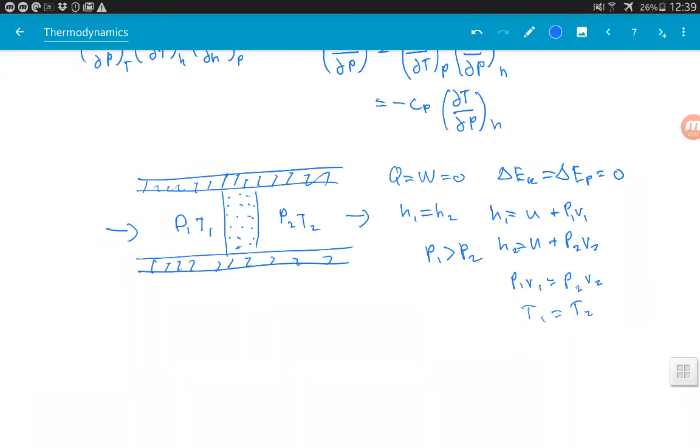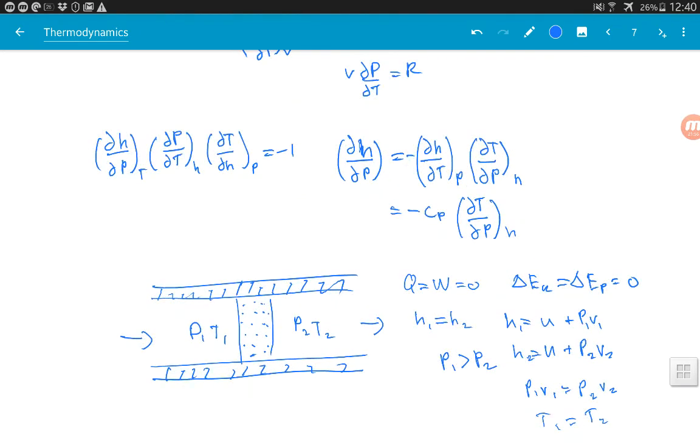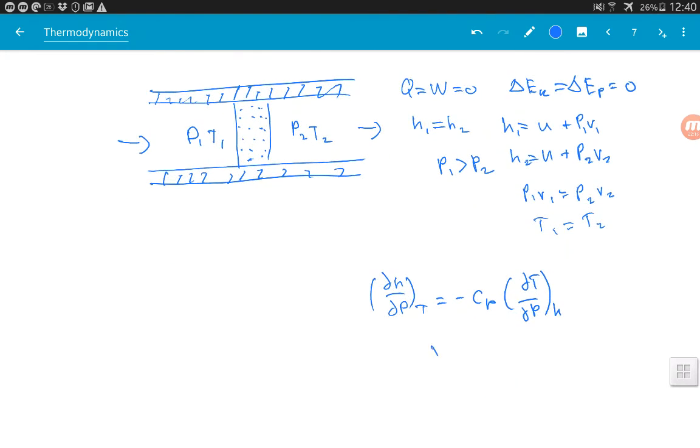So when T1 and T2 are equal, then this equation, del H del P at constant temperature minus Cp at constant enthalpy, whenever the gas temperature is the same, this will be equal to the Joule-Thomson coefficient.